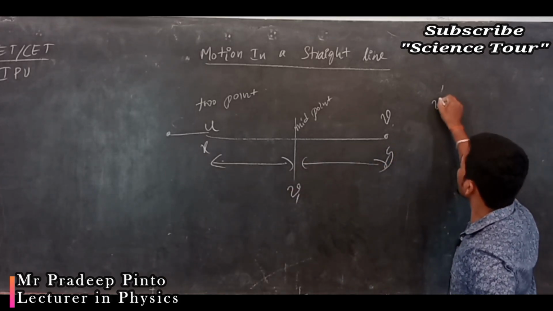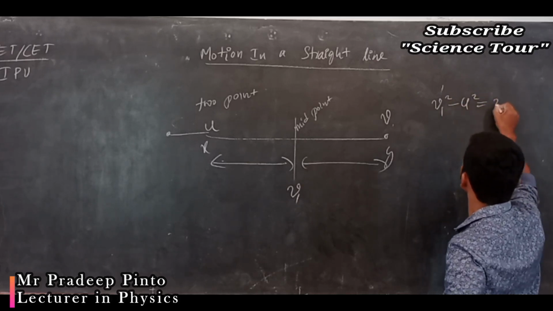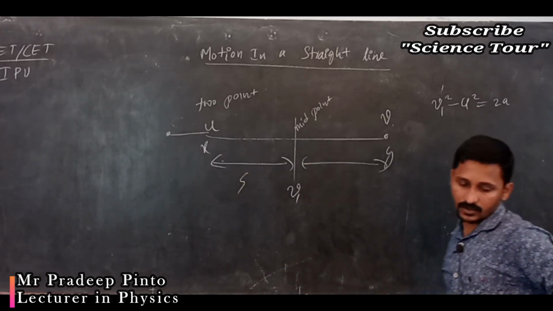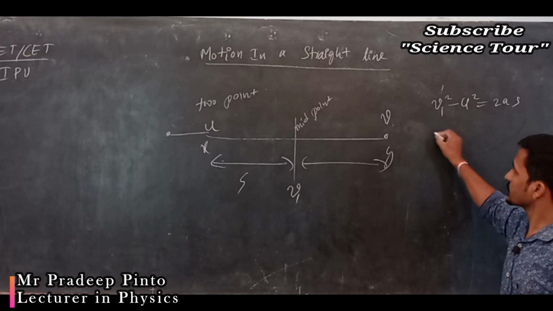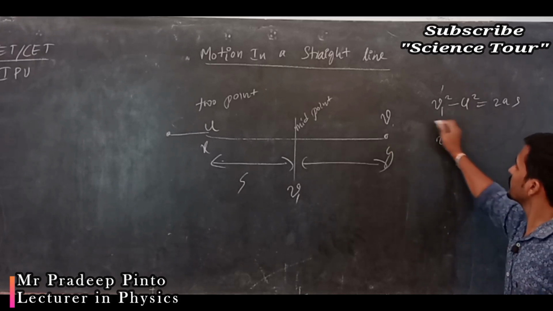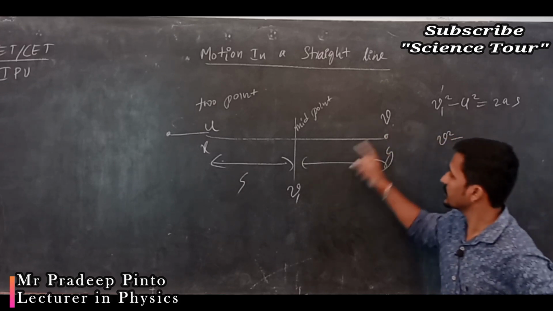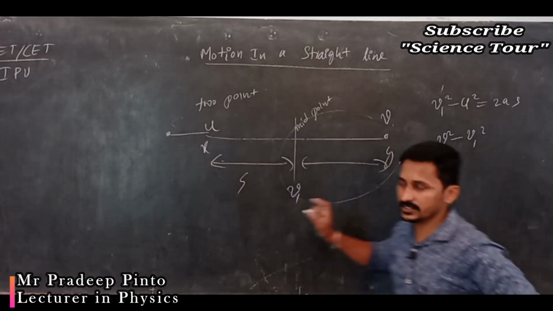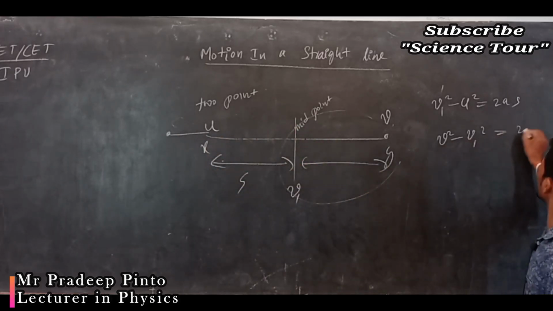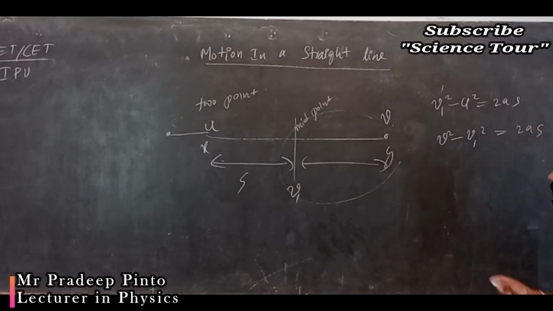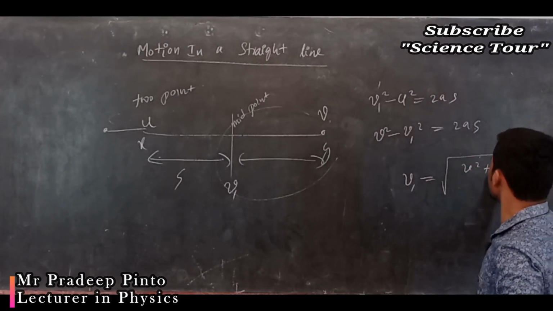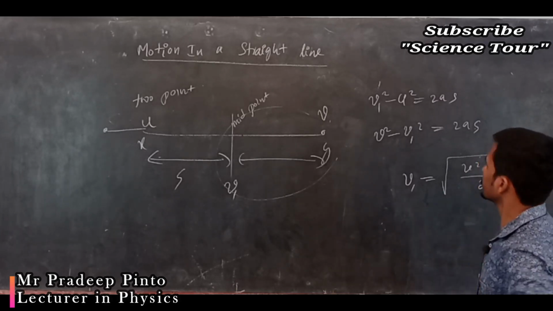Now v1 square minus u square is equal to 2as. Next, final is v square minus initial v1 square, this is a separate case, the single case is divided, which is equal to 2as again. From this you can make out that v1 is equal to square root of v square plus u square divided by 2.